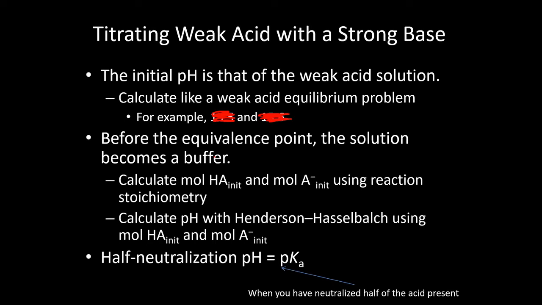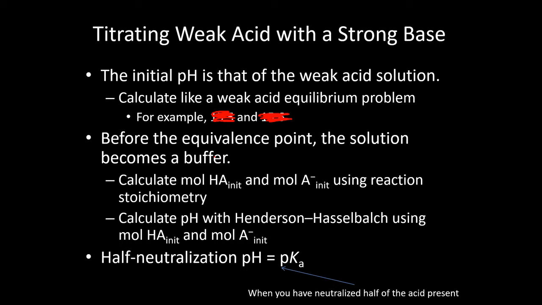Now we will have a significant number of them turned into the conjugate base, which you might remember was the very definition that we used to describe a buffer. A buffer was a solution that had a significant concentration of both the weak acid and its conjugate base.